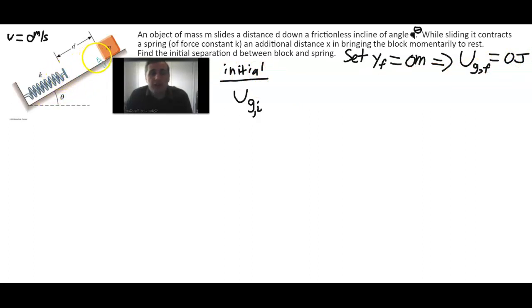Now, let's also think about what kind of energy the object has in between and then at the end. So I think that here it's all gravitational potential energy initially. During this period of time, it's kinetic energy. But then all that energy, kinetic energy plus whatever gravitational potential, stores itself up in the spring. That is, it's going to be elastic potential energy.